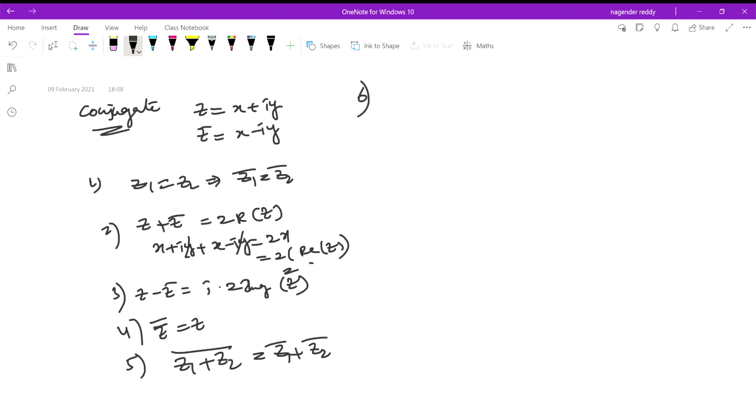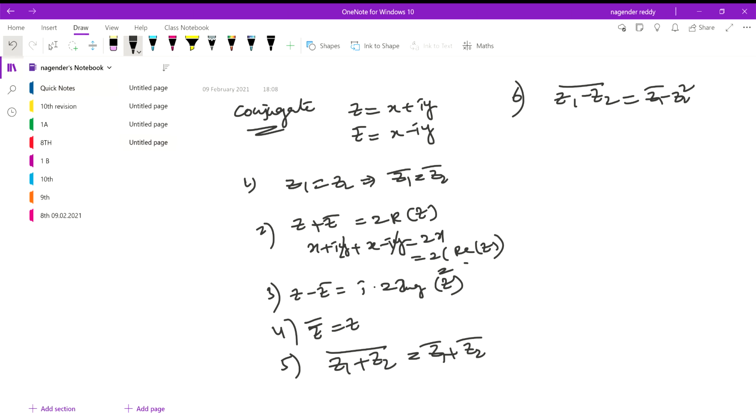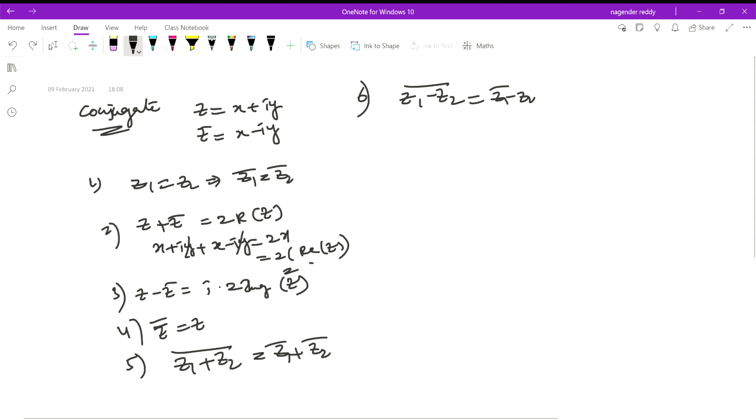We'll go for the sixth one. Same, z1 minus z2 whole bar is equal to z1 bar minus z2 bar. So this is also the same concept. Then z1 into z2 whole bar is equal to z1 bar into z2 bar.